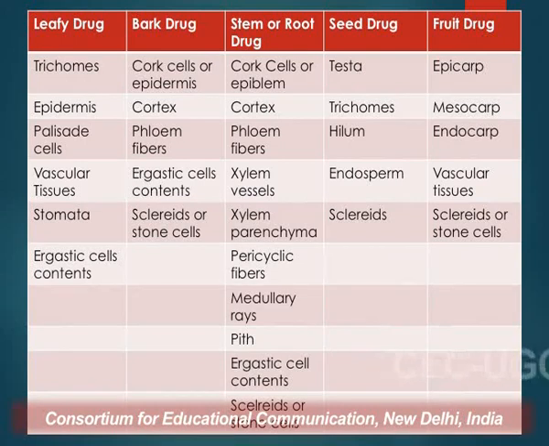Then we study about the palisade cells, whether they are single layered or multi-layered. Then what type of vascular tissues are present or vascular bundles are present, and what type of stomata is present in that particular leafy drug, and different types of ergastic cell contents such as calcium oxalate crystals or calcium carbonate crystals or starch if it is present in the sample.